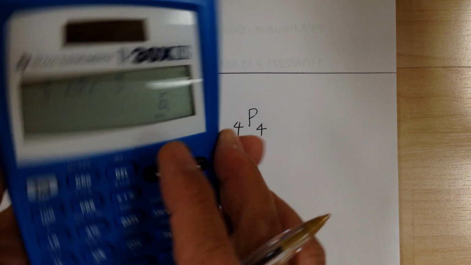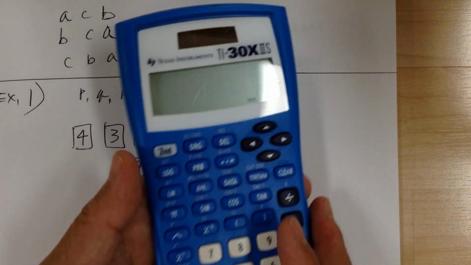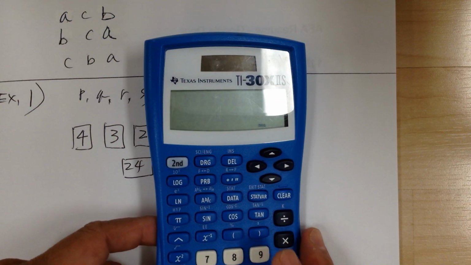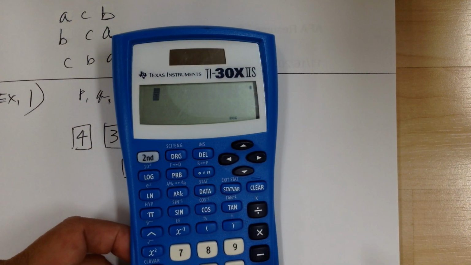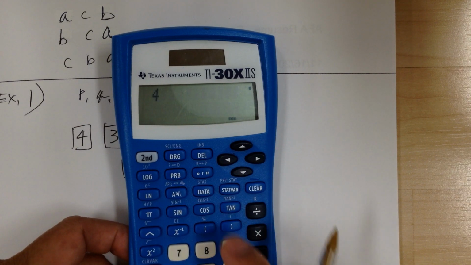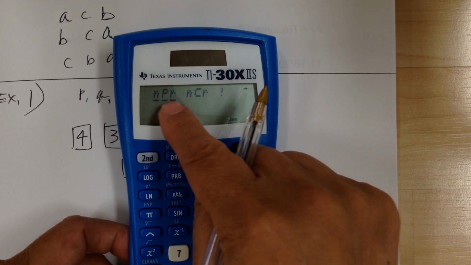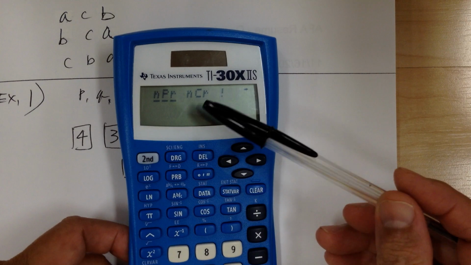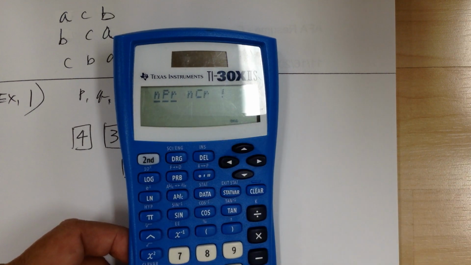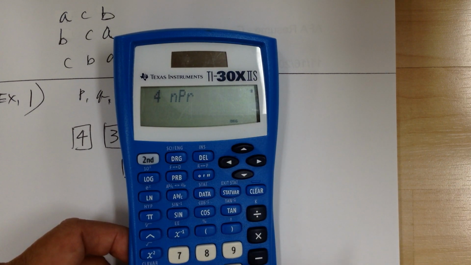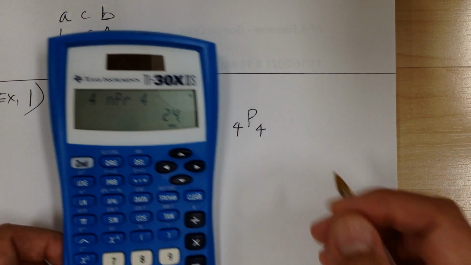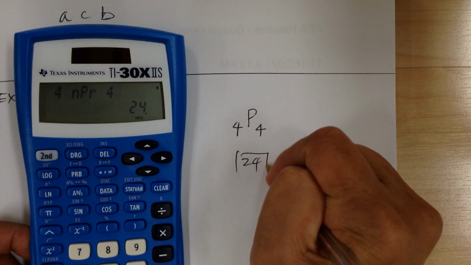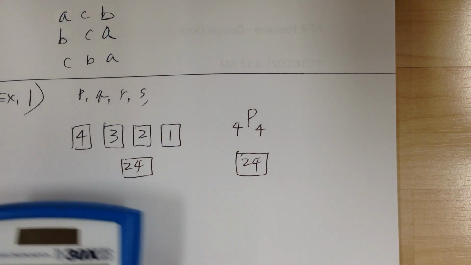So you go to the calculator, type in 4, go to probability, and choose nPr. Enter that, put in 4, push equal, and it gives you 24. Either method, you get the same answer.